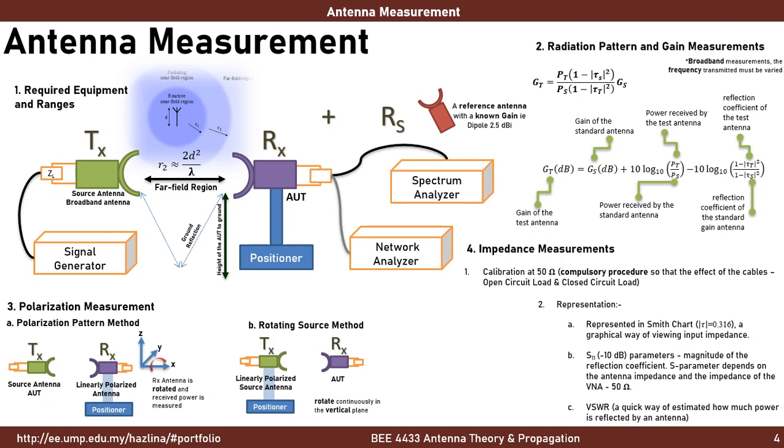The impedance measurement results can be represented in three formats, which are the Smith chart, reflection coefficient response graph, and voltage standing wave response. The impedance of an antenna can be represented as a complex number, which carries the information of resistance properties and reactance properties. Positive reactance implies an inductive response, while negative reactance implies a capacitive response.